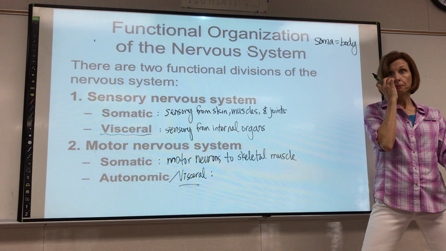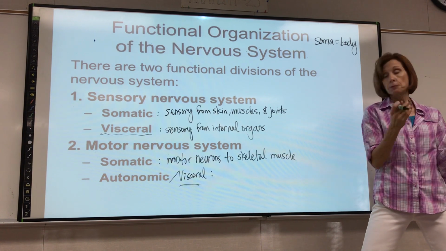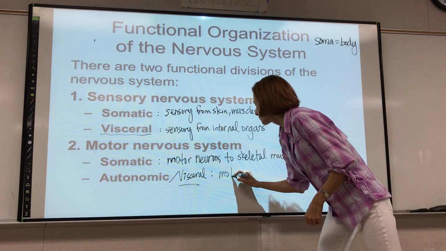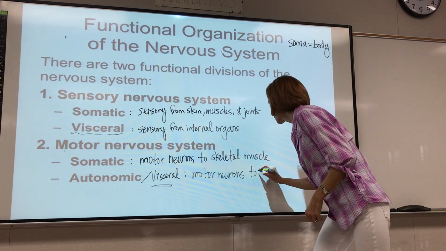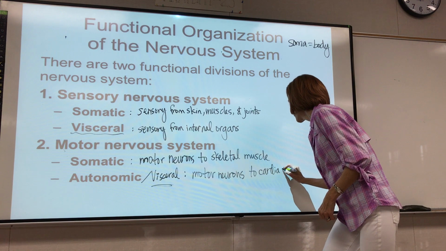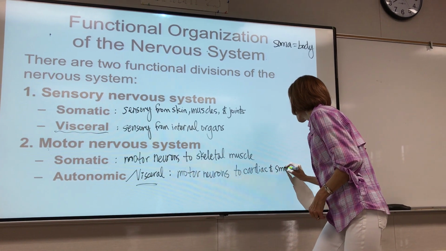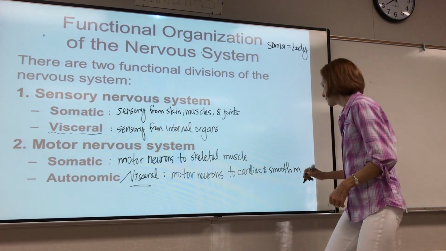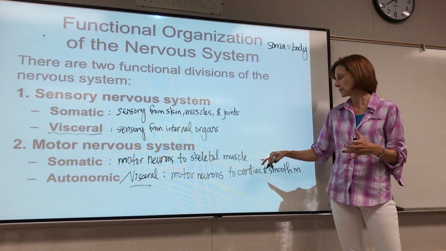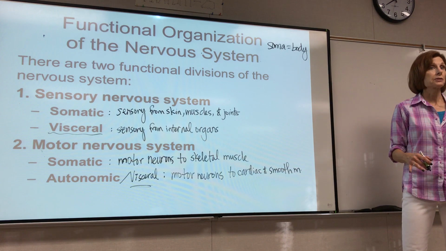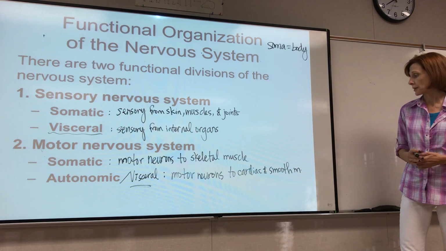The other two types, right? So cardiac in the heart and smooth muscle. So these would be motor neurons that go to those two types of muscle tissue. Okay, so to cardiac and smooth muscle. Again, this makes sense because we know these are gonna be different than motor neurons controlling skeletal muscle because these two types of muscle tissue are not controlled voluntarily.